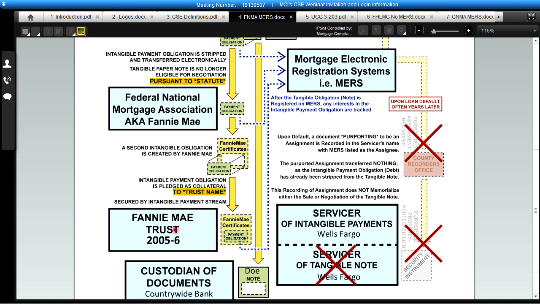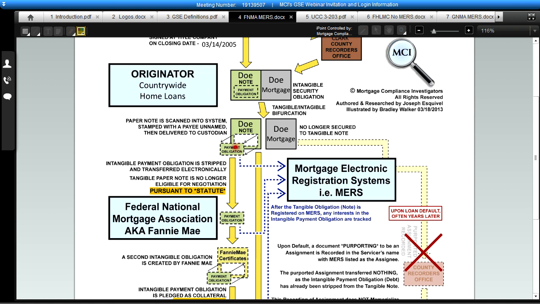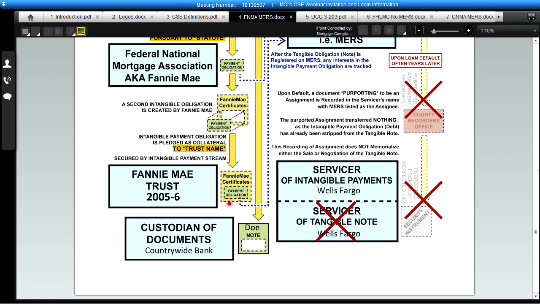Okay, so in this case, it's Fannie Mae Trust 2005-6. Now, this intangible is secured by the intangible payment stream of John Doe's note. Okay? Now, Fannie Mae Trust 2005-6 now puts this into certificates.